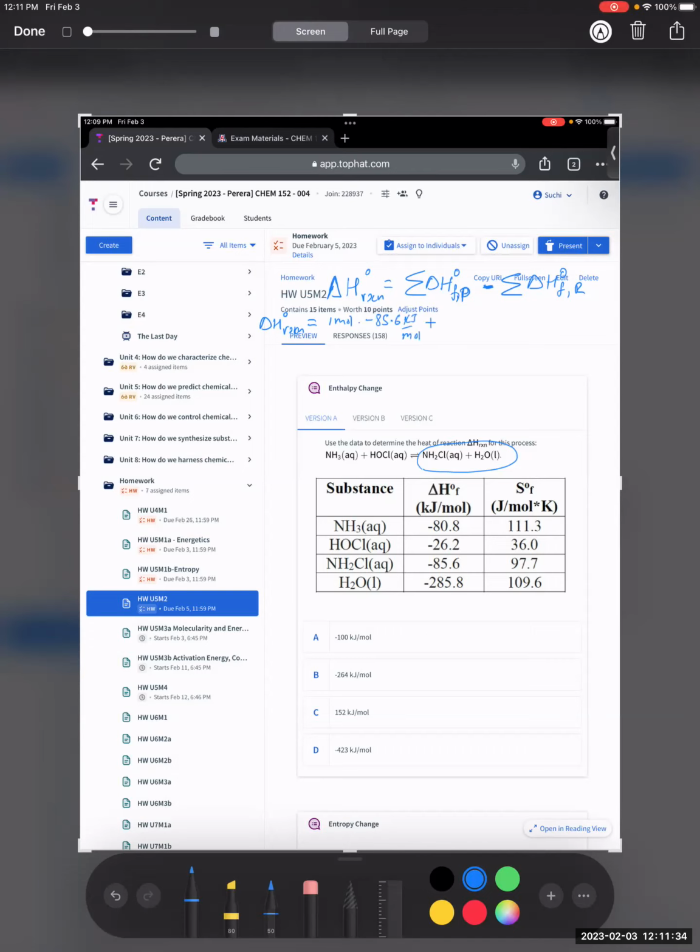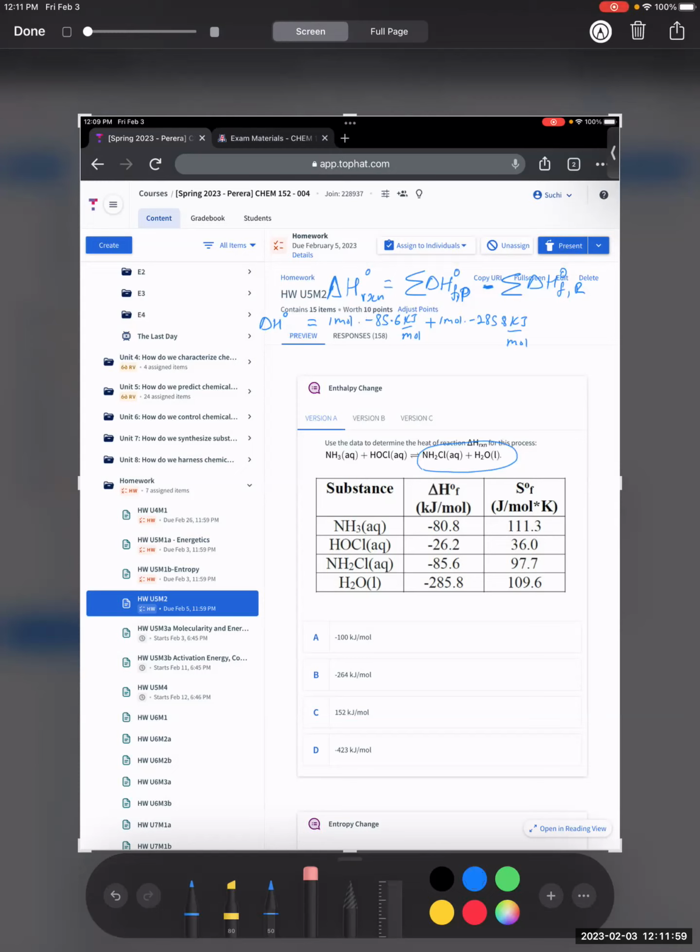And then to that, we need to add the formation enthalpy for H2O liquid, of which we have 1 mole, 1 mole times minus 285.8 kilojoules per mole.